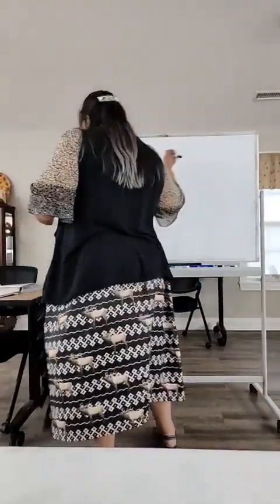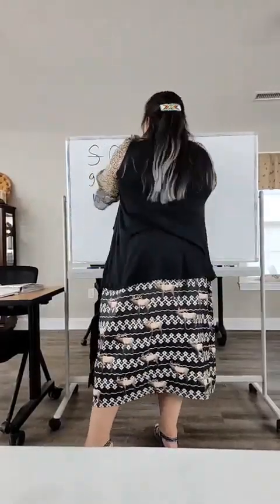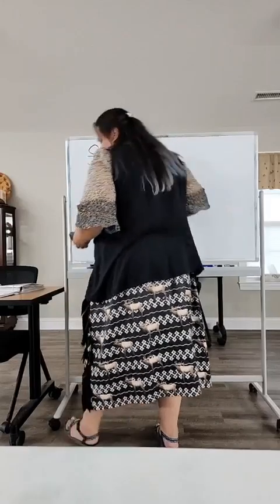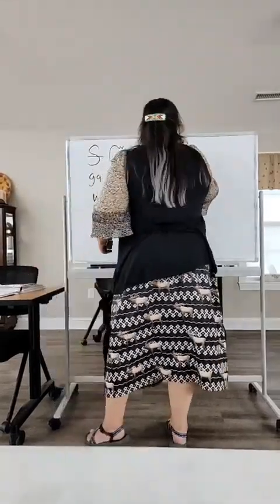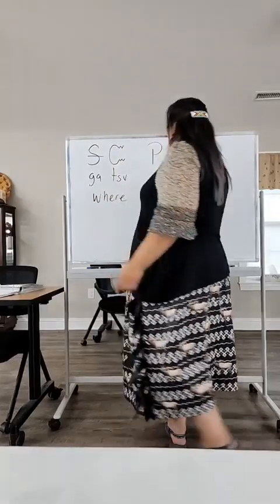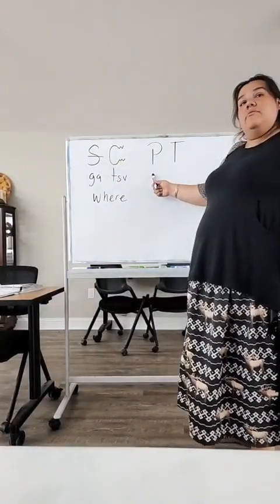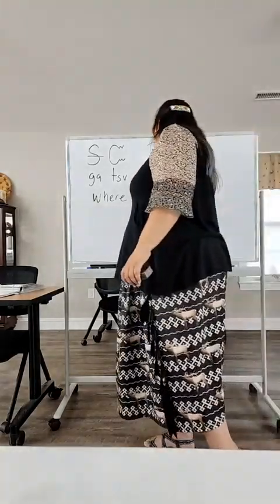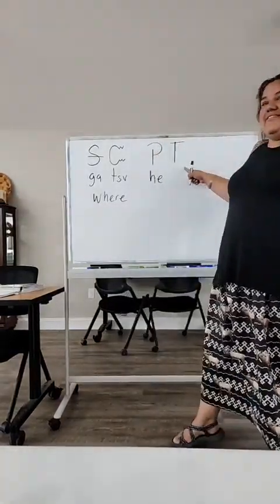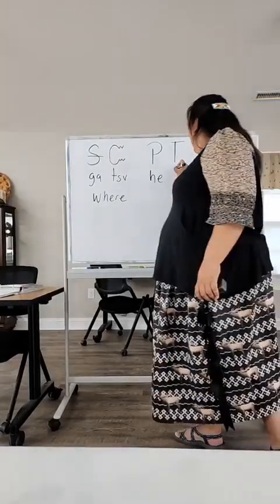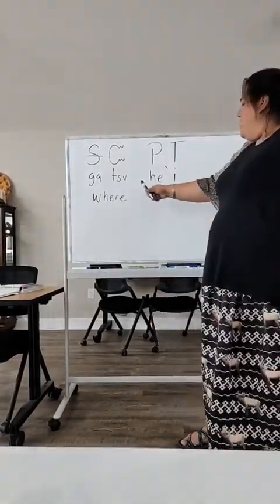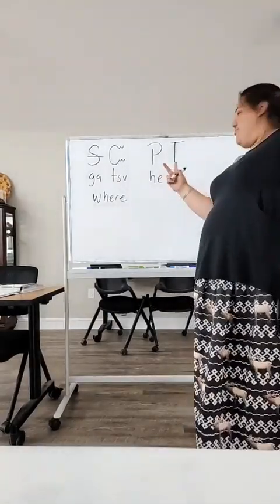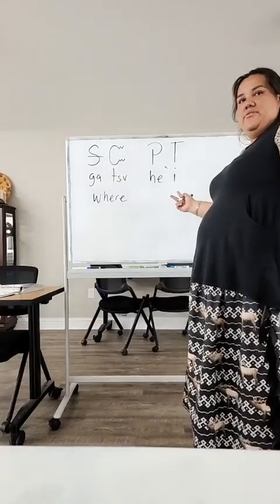So, let's see. We know these. Remember? And this is an E. So, when you see it kind of like that, sometimes I'll put a little mark, that way we can separate those two vowel sounds. Right?